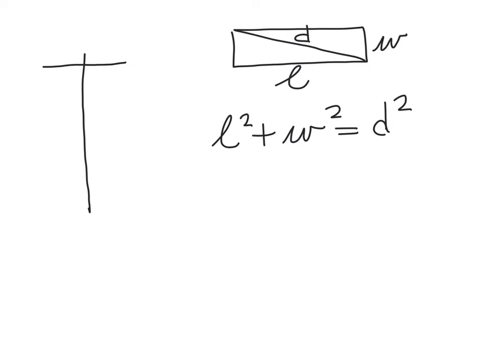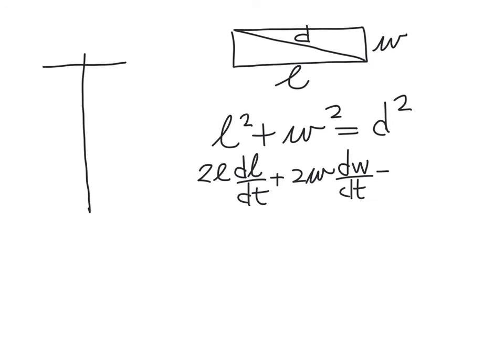So now I'm going to take the derivative of the diagonal with respect to time. So I'm going to get 2L times the derivative of length with respect to time plus 2W times the derivative of W with respect to time equals 2D, and that's the derivative of the diagonal with respect to time.